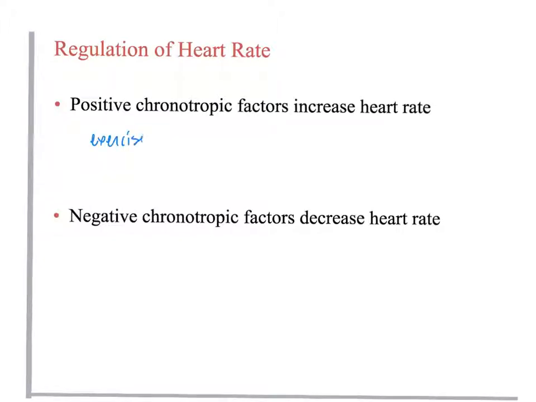What else? Caffeine. What else? Nicotine. We had epinephrine. Basically the sympathetic nervous system. All of those are true. What about negative? If the sympathetic nervous system increases heart rate, which one decreases heart rate? Parasympathetic.